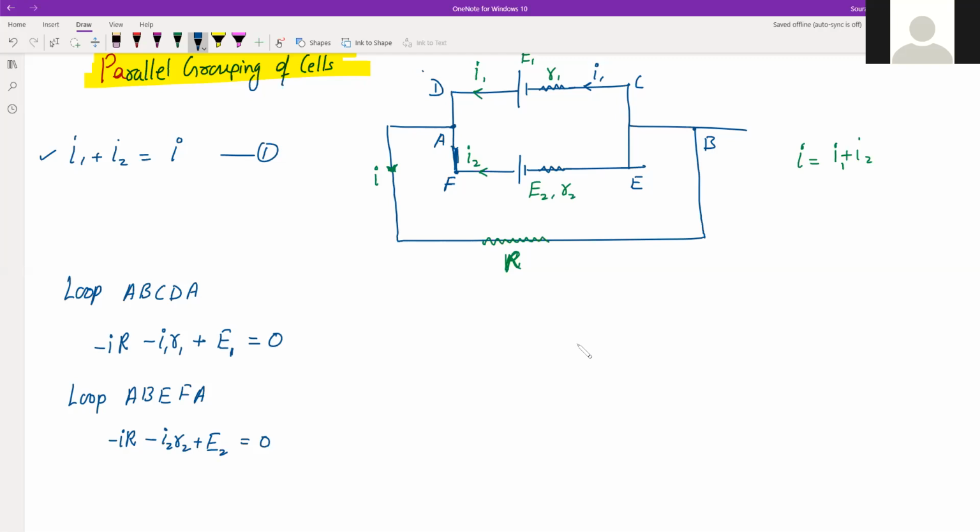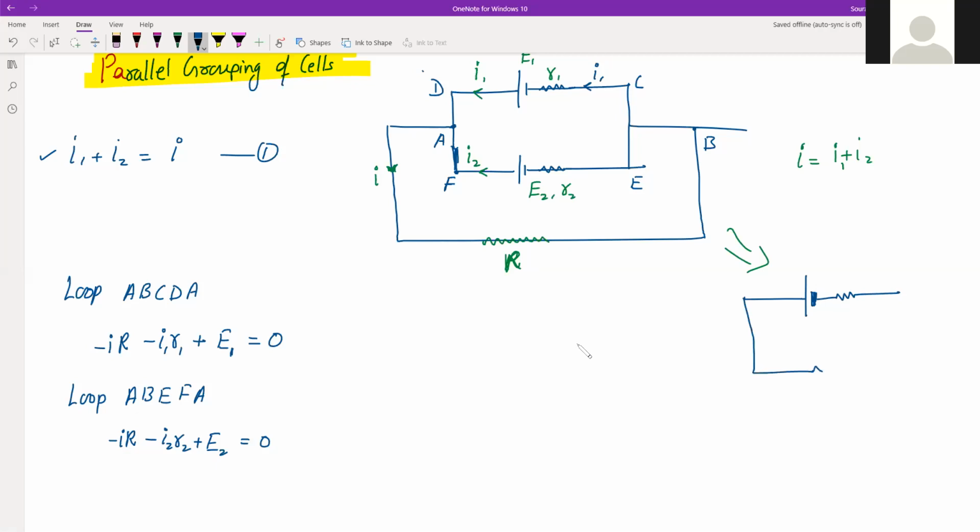When we have resistances, we find the equivalent resistance of the two resistances. Here we have to find the equivalent EMF. Equations we have got. Now for that, obviously we will have to draw the equivalent circuit. So how will the equivalent circuit look? This will have only one cell, equivalent to the cell network shown above, and obviously it will have some internal resistance.